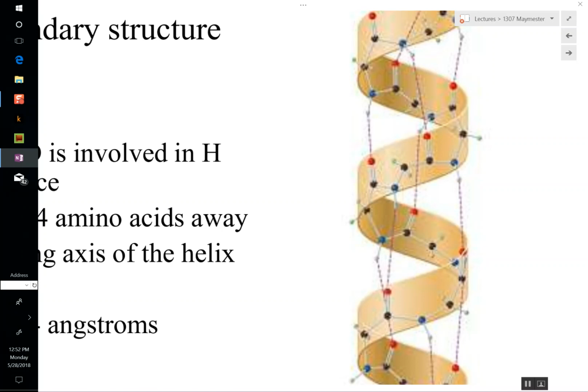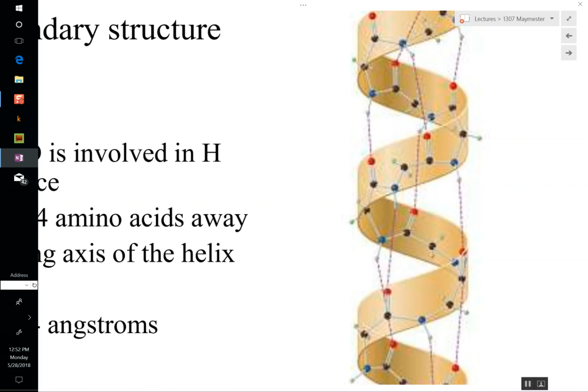Hydrogen bonds. I put that in the wrong place. Should have been right there. So what we're doing is we're getting a hydrogen bond from here to like an NH, three to four amino acids away, and it's curling it into a helix as it does that.